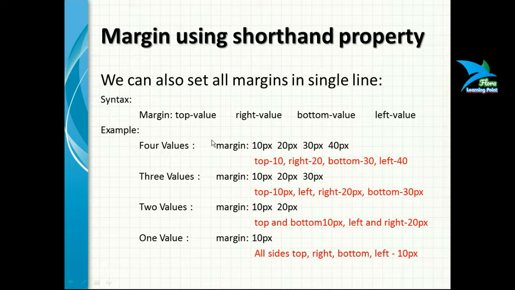For example, if you use four values, here we are using margin colon 10px, 20px, 30px and 40px. 10 will be the value of top, 20 will be the value of right, 30 will be the value of bottom, and 40 will be the value of left margin. If you specify only three values, then the first value will indicate the top margin, and the second will be shared by left and right.